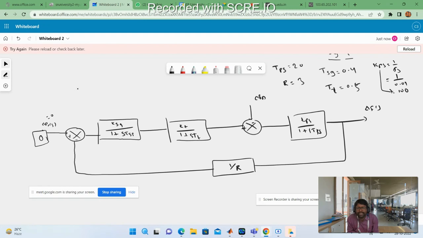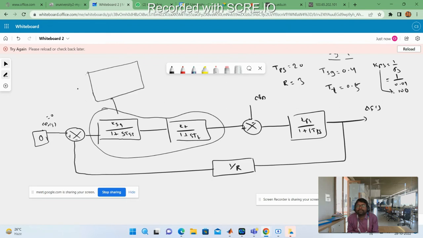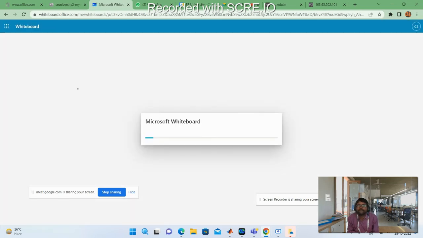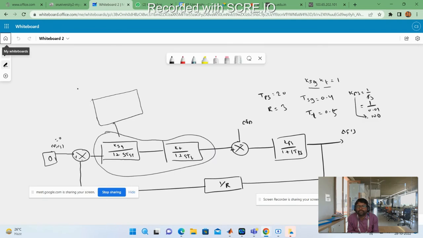Now tell me, these two are cascaded blocks, right? So how can we represent this complete block diagram? I can represent these two blocks with a single block. If you represent two blocks as a single block, what is the resultant block?